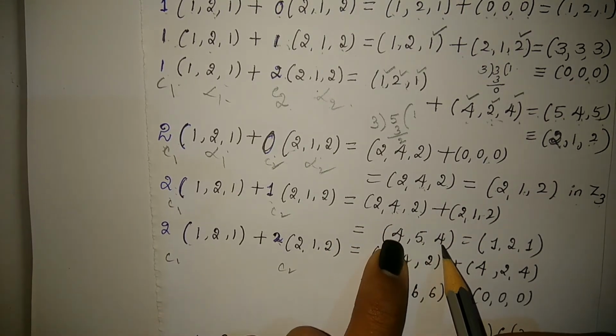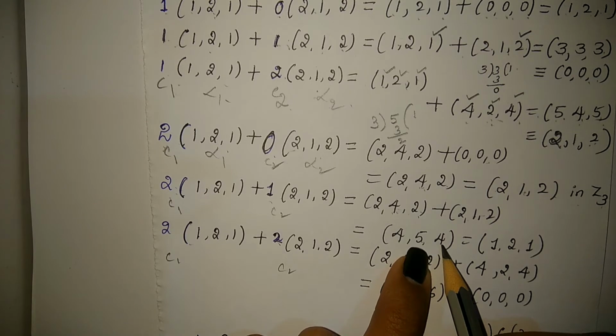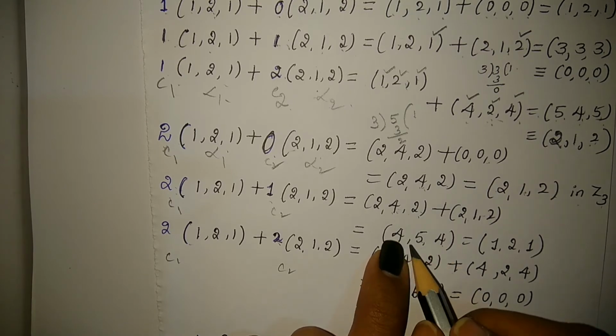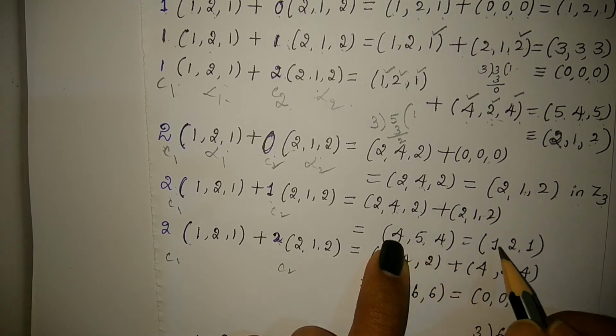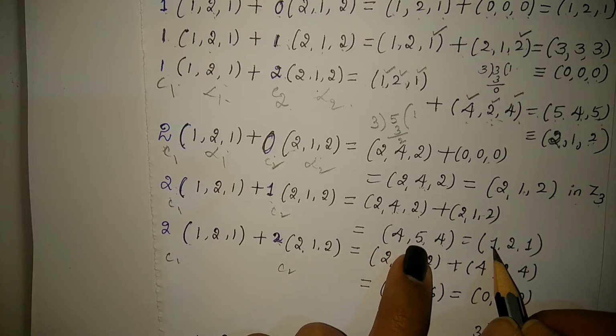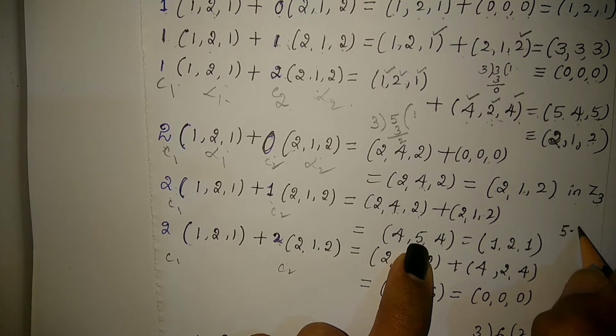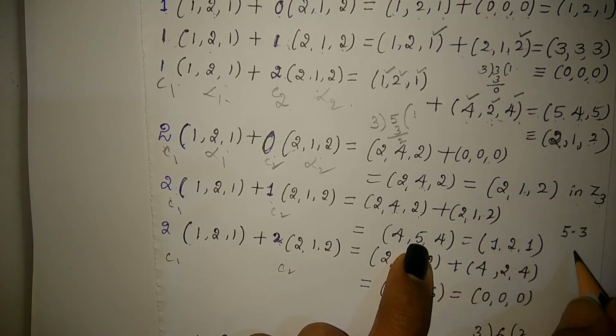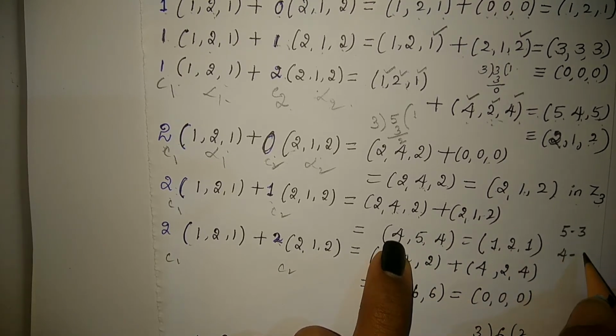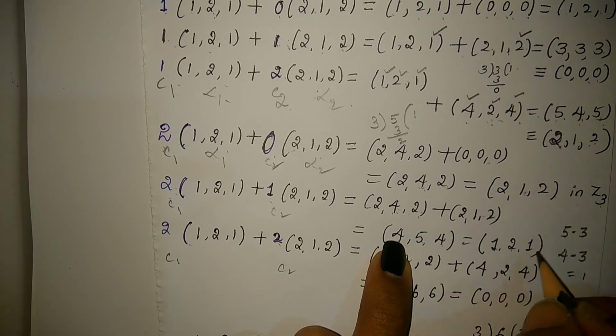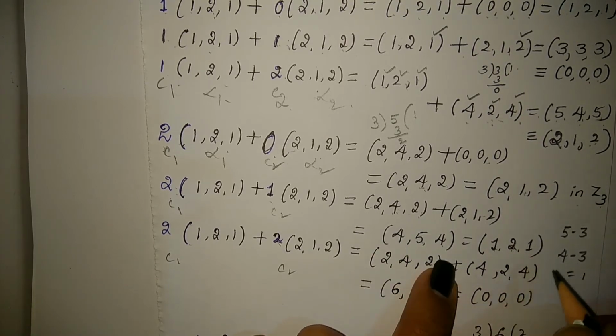Okay. So 4 and 5 are not elements of Z3. So write the remainder. If I divide 4 by 3, we get a remainder 1. For 5, just subtract 3, you get 2. For 4, just subtract 3, you get 1. So that's it. Simple: 1 2 1. Is it okay?